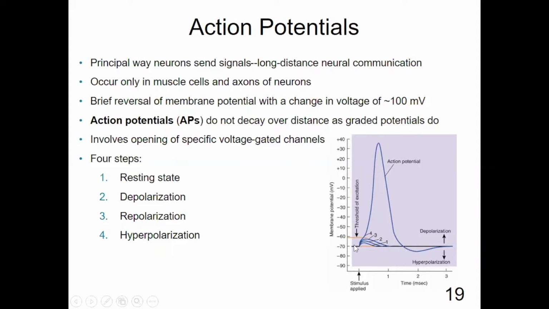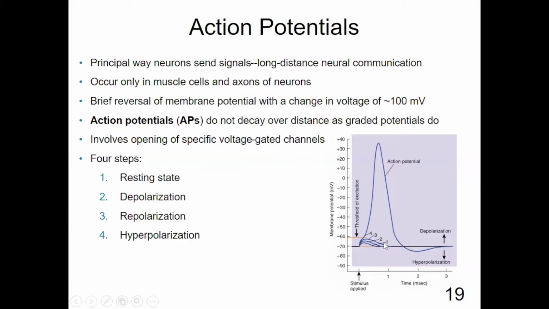So this horizontal black line here represents the resting membrane potential, which you can see is -70 millivolts. This vertical arrow here is representing a stimulus. So a stimulus is applied and it causes a short depolarization in the membrane potential, and then you can see a return to the resting membrane potential.